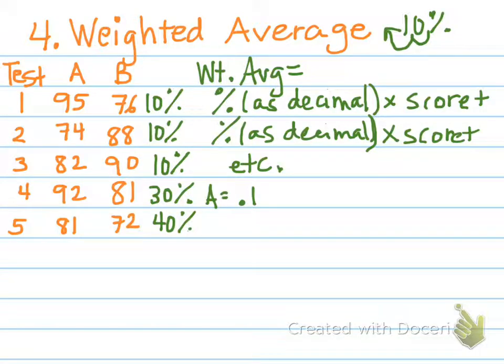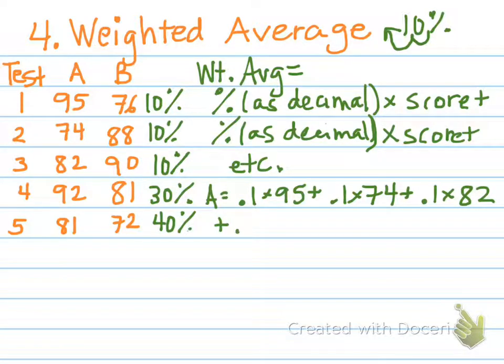So it's 0.1 times 95 plus 0.1 again times 74 plus 0.1 again times 82 plus, this time it's going to be 0.3 because it's 30% times 92 plus 0.4 because it's 40% times 81. When you do that, you should get about 85.1 on your calculator.